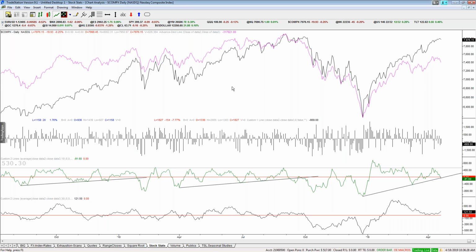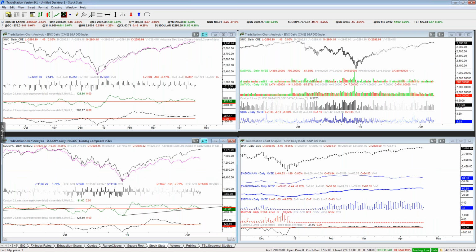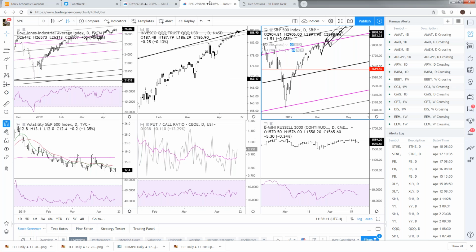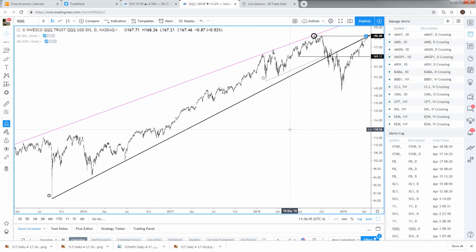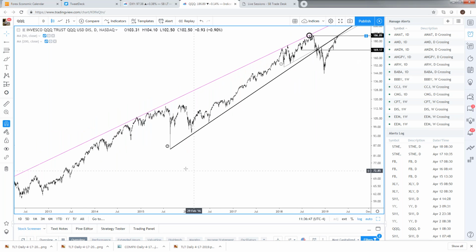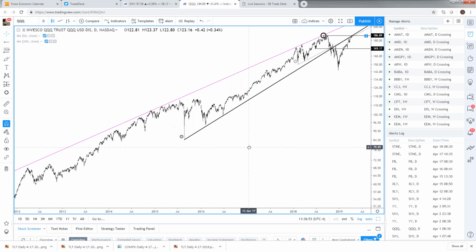At the same time, when I look at, say, the charts, I mean, here's the 2015, 2016 trend line.